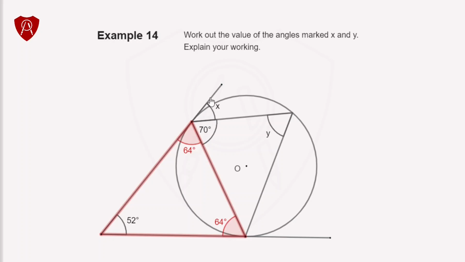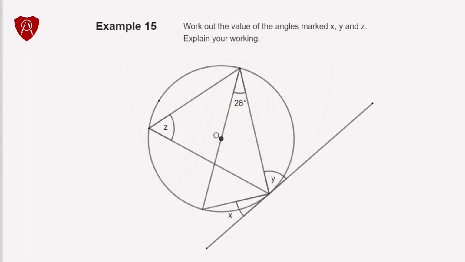X must be 46 degrees, so that the sum of angles in this straight line is 180 degrees. To work out the angle Y, we need to recognize that it is in the alternate segment with respect to this angle 64 degrees. So Y is also equal to 64 degrees.